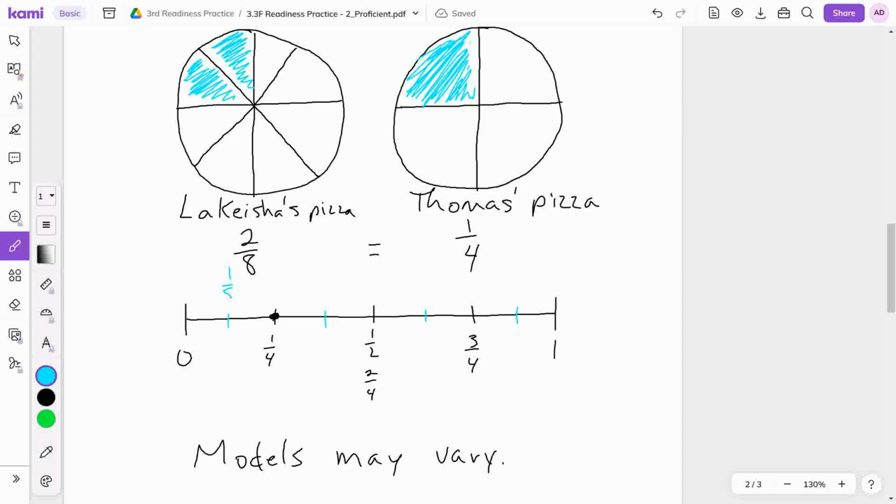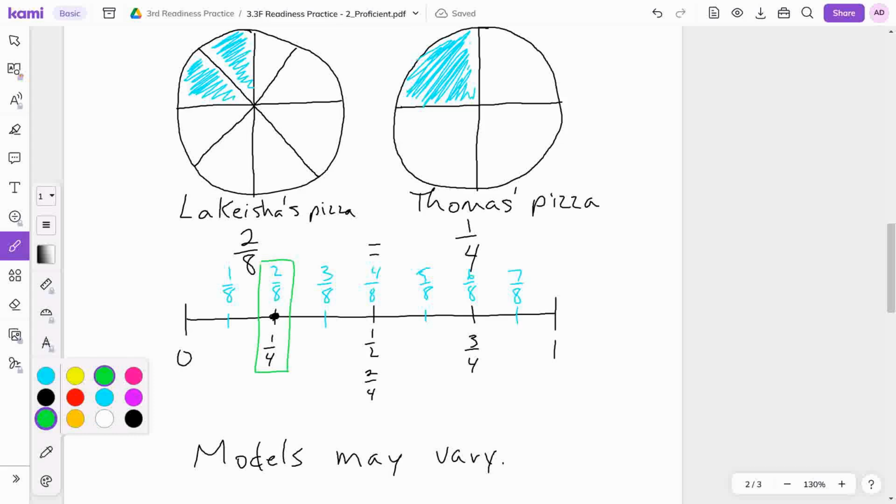I get 1/8, 2/8, 3/8, 4/8. So 4/8 is equal to 1/2 and 2/4. 5/8, 6/8, 7/8. And then at the end, they're all going to be 1. So here is my answer in a number line form. 2/8 is equivalent to 1/4.